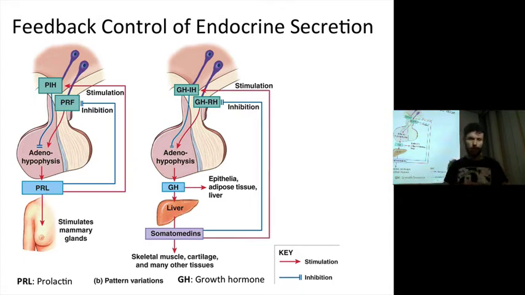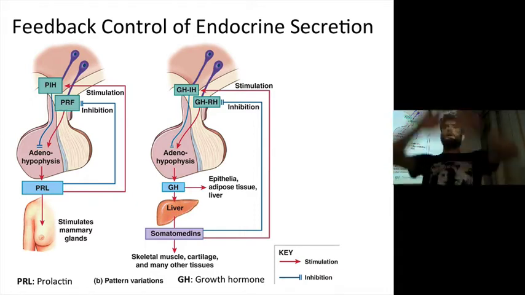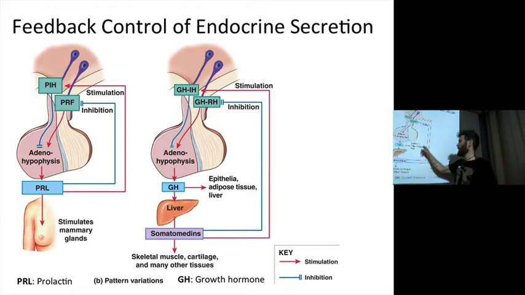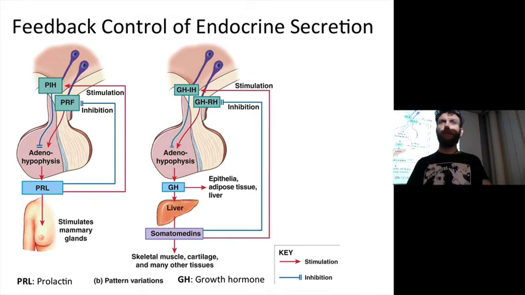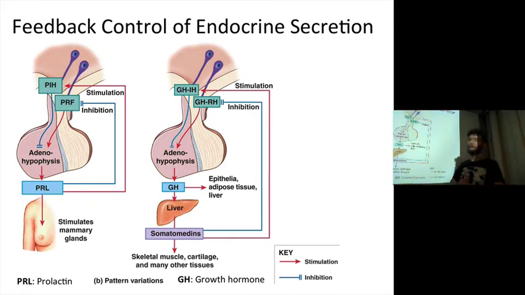And the somatomedins are going to affect all the other cell types that are not encapsulated in this little group over here. So skeletal muscle, cartilage, a vast array of other tissues in the body, right? So in like a growing child.